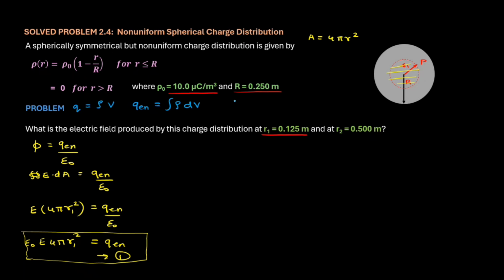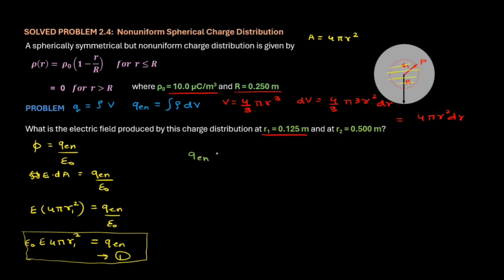We also know that the volume of a sphere is given by V equals 4/3 pi r cubed, and when you take the derivative dV, you get 4/3 pi times the derivative of r cubed, which is 3 r squared dr. So we are using the substitution method of integration, and I can replace dV with 4 pi r squared dr.